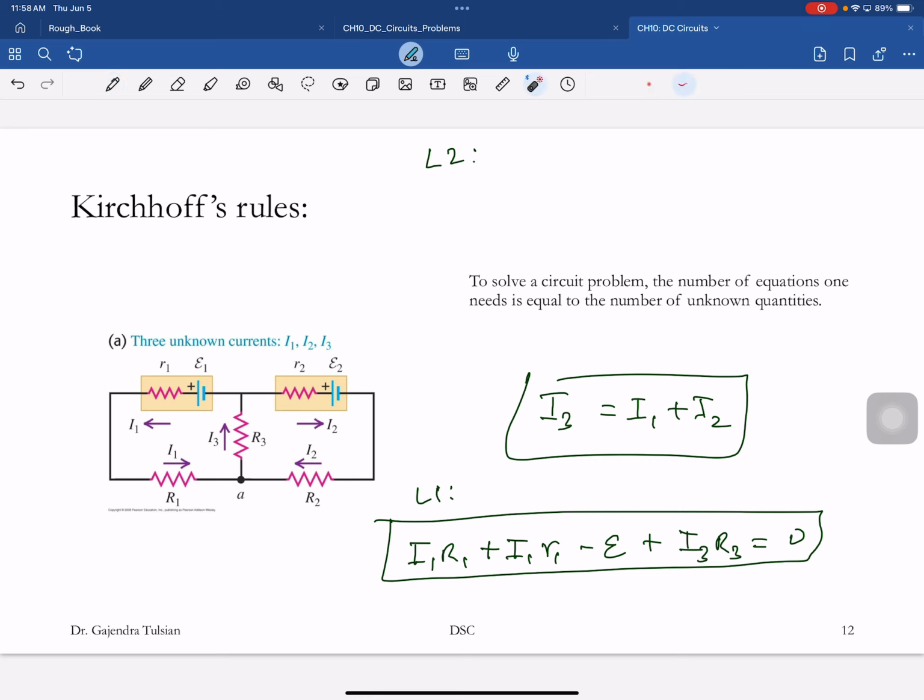Loop 2 is going to be this loop. We'll start here and go around like that. Anybody want to help me?